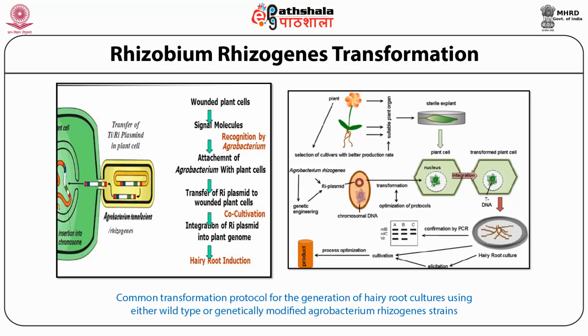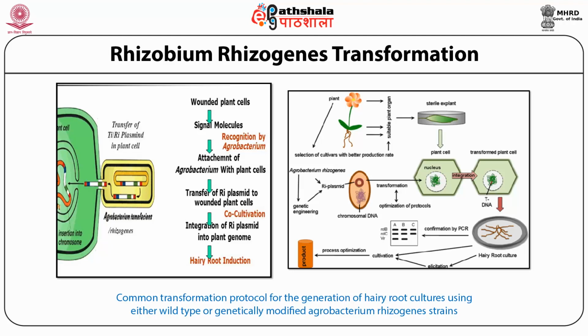These signal molecules help in the attachment of the bacterium with the plant cell. As a result of the infection, the Agrobacterium transfers its plasmid to the plant cell. As a result of the process of co-cultivation, the bacteria transfer its DNA into the plant genome. Finally, the hairy root-like structure will be developed in the infected plant part.